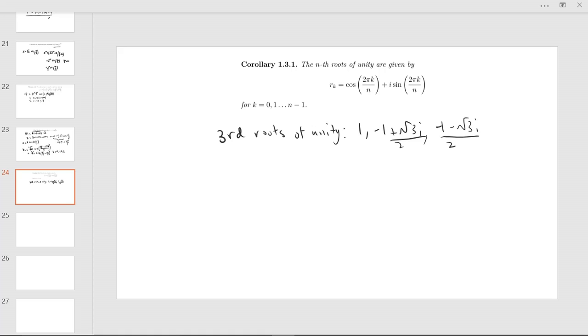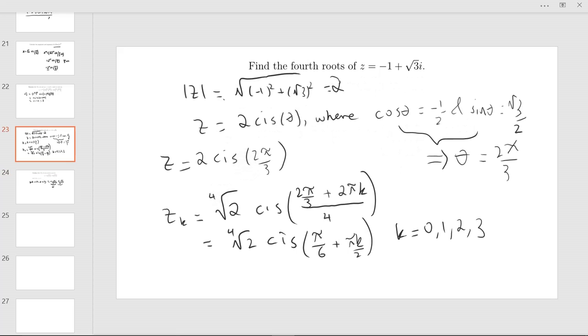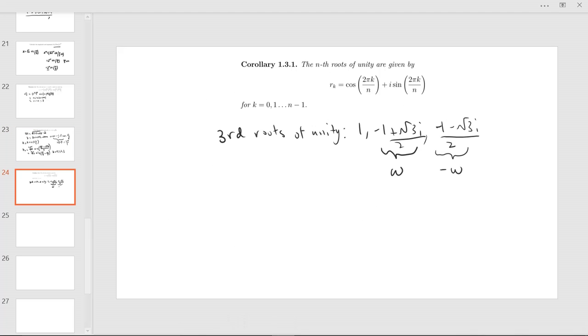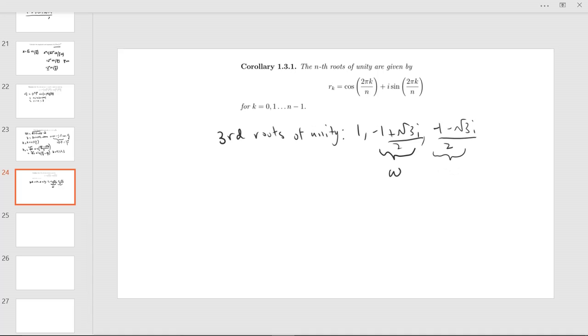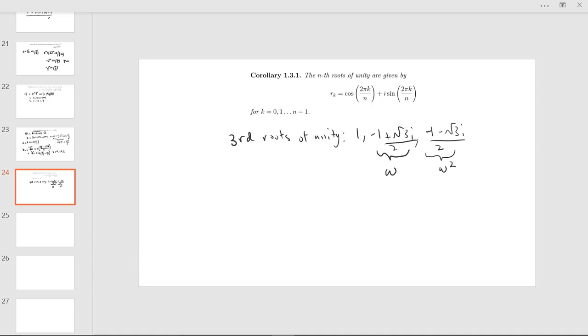For example, if we let (-1 plus root 3 i) over 2 be omega, we can see that one of the other roots of unity is just negative omega, and from this, we can see that this is actually omega squared. This can actually be verified algebraically.